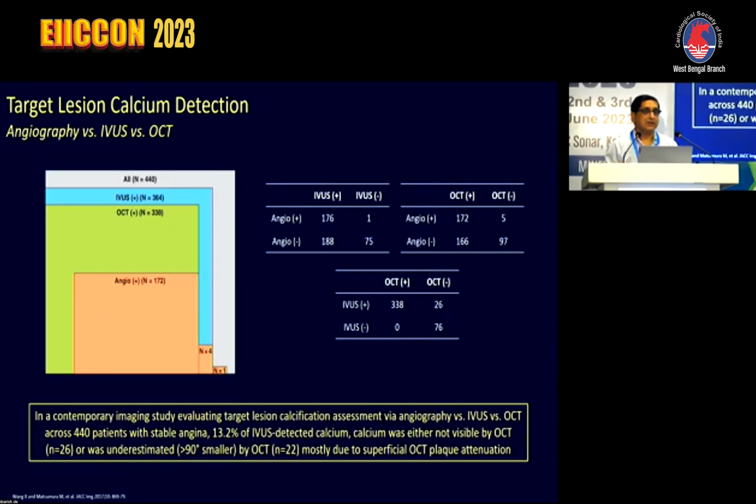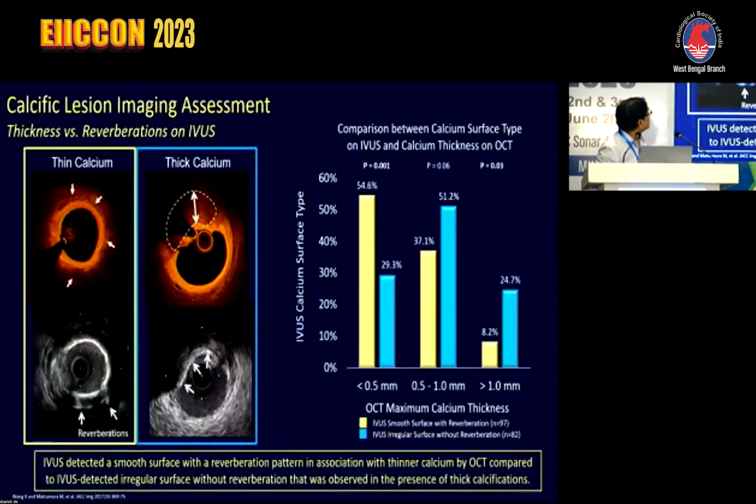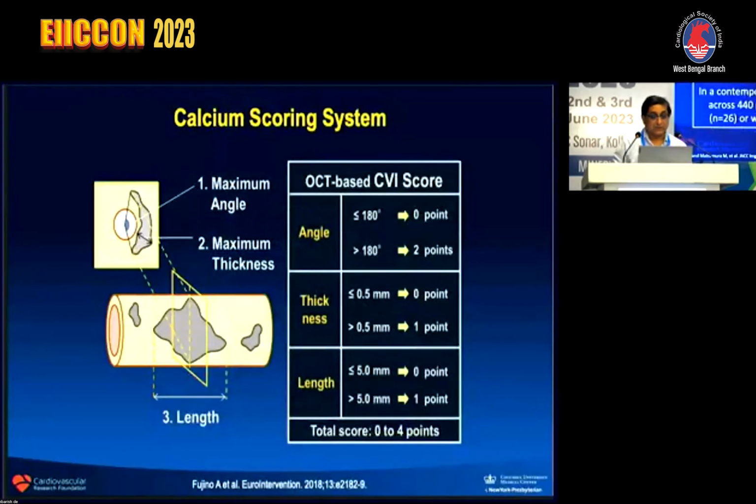Because you won't be able to see the classical images that I showed you, like this or like this, concentric calcium, calcium that has two borders with a lighter intensity in between the two borders. You won't be able to see it, and IVUS will always see it. IVUS sees it better. So this is the advantage with IVUS. IVUS will always tell you that calcium is there.